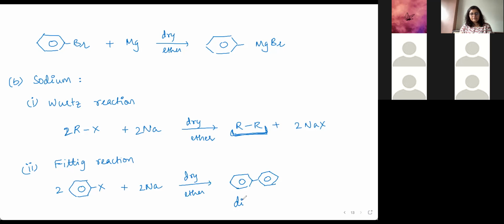This is called diphenyl, two phenyl groups attached to each other, plus 2NaX. And the third one is called Wood's Fittig reaction. Can any of you guess what that entails? For both. Yes, you take a haloalkane and a haloarene, they basically attach with each other, and that's Wood's Fittig reaction.